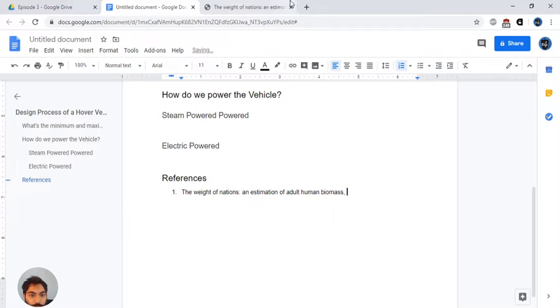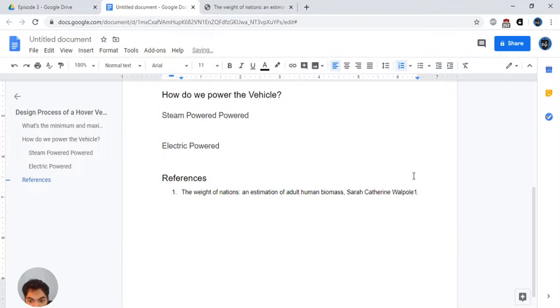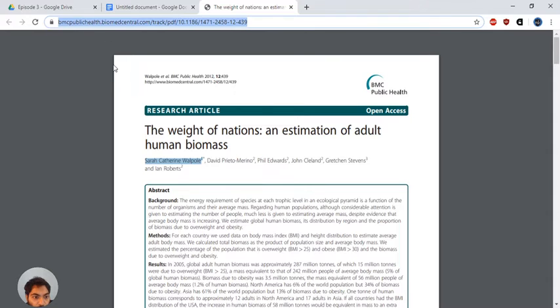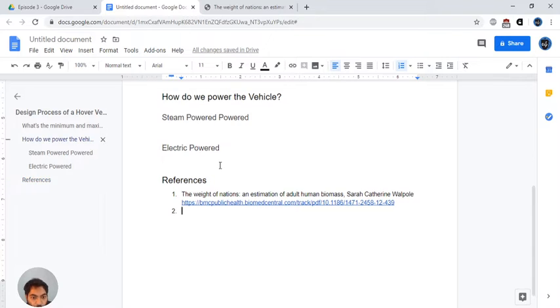Biomass. What's the name of the lady? Just say Sarah Catherine Walpole. Sorry for the other authors. Yeah, that's it. And then what I'm gonna do is copy paste so that y'all can do whatever you want to do.